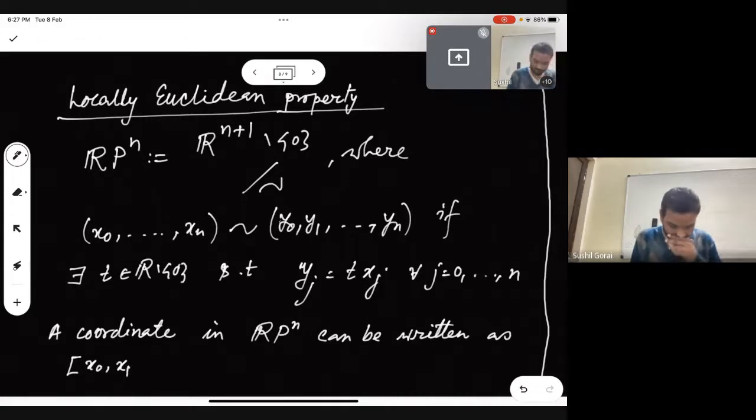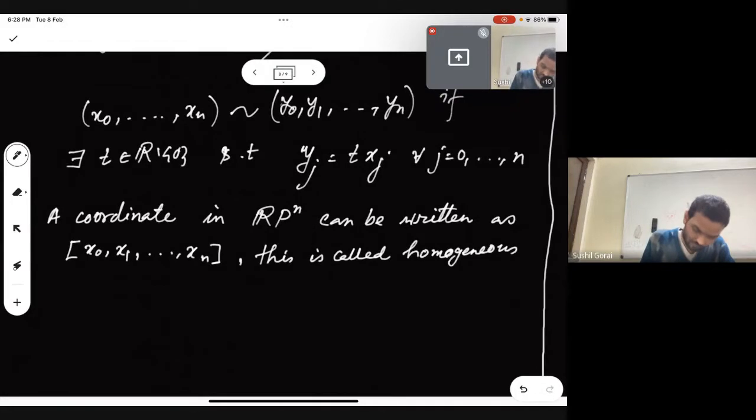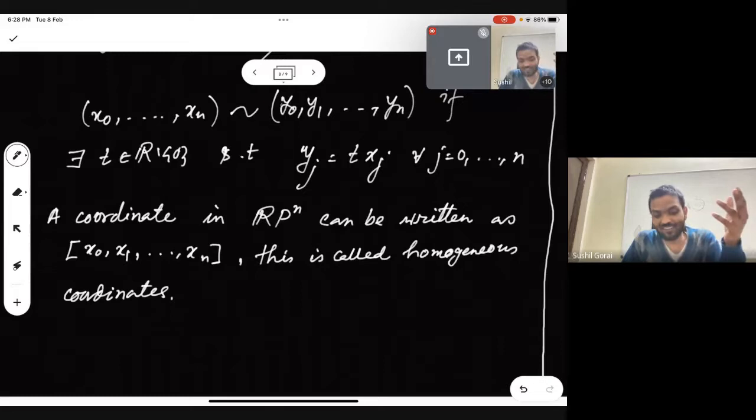Yes, x0, x1 up to xn. This is called the homogeneous coordinates. So you multiply with t, it doesn't matter.